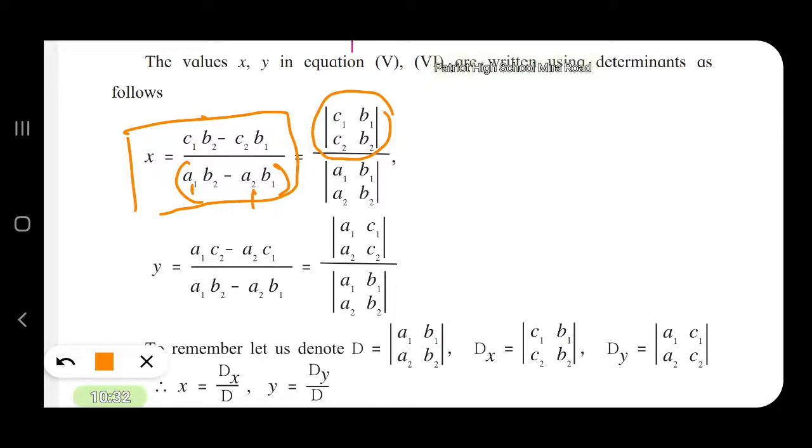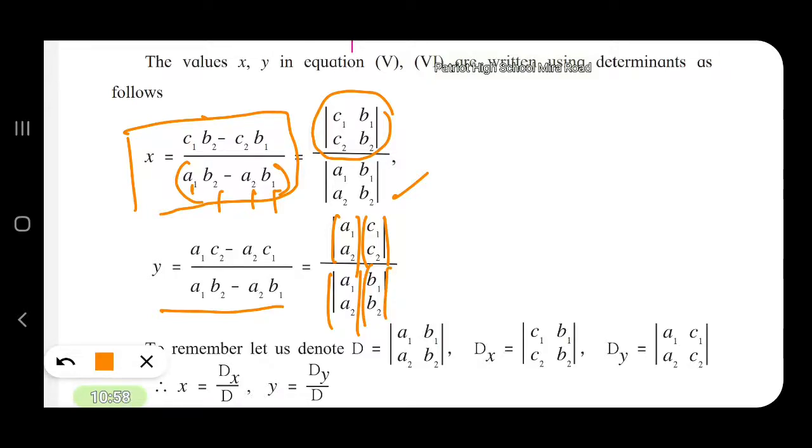So this way we get the value of x in determinant form. Similarly, we get the value of y in determinant form, with a1 a2 as the first column, c1 c2 as the second column, and below also a1 a2 b1 b2.